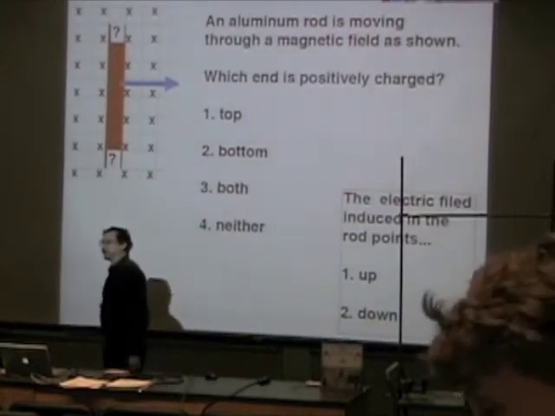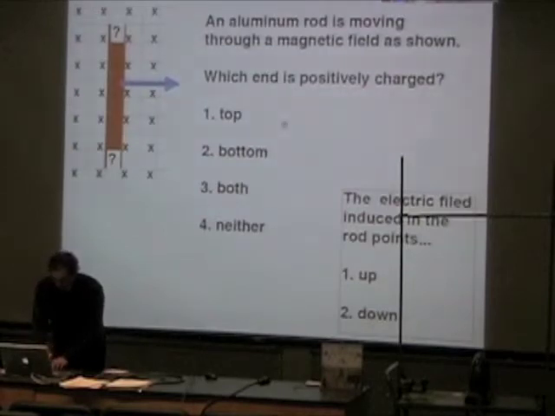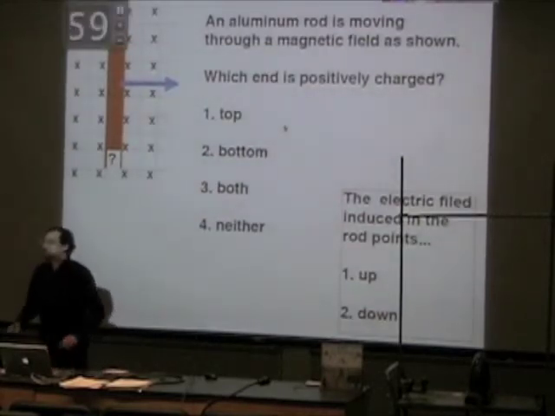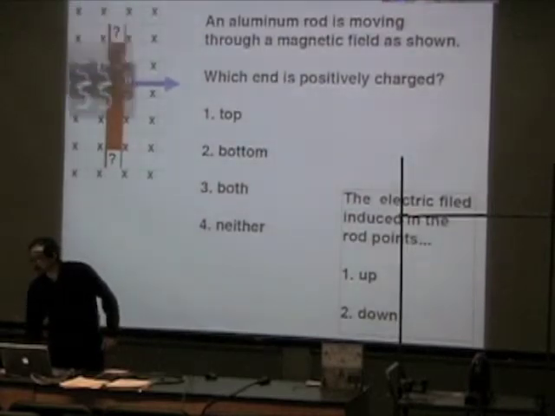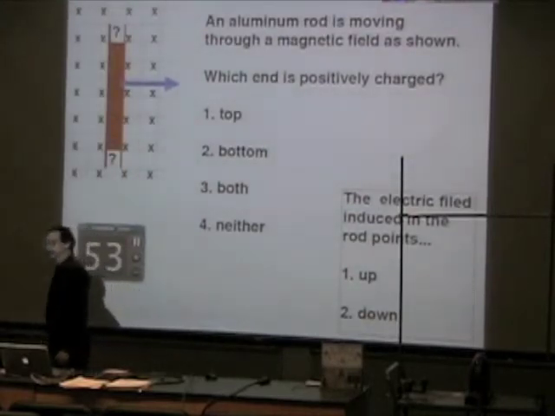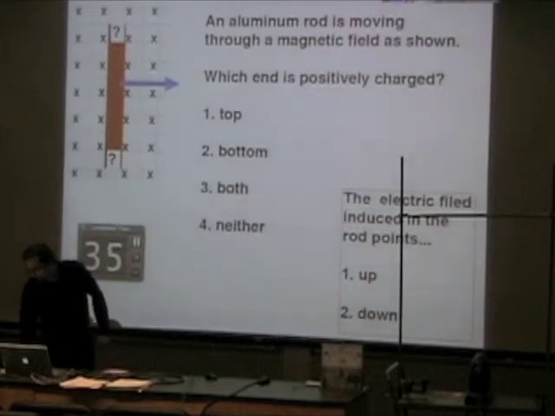You know there is a force acting on each electron from the magnetic field, and one end of that rod is supposed to be positively charged, another end negatively charged, and we know the potential difference is related to the direction of the electric field. So what do you think is the direction of the electric field?